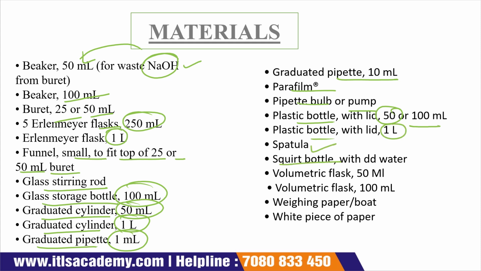Also a spatula, a spirit bottle with deionized distilled water, a volumetric flask of 50 ml, a volumetric flask of 100 ml, weighing paper or boat, and a white piece of paper. So these are the materials required for performing the experiment.